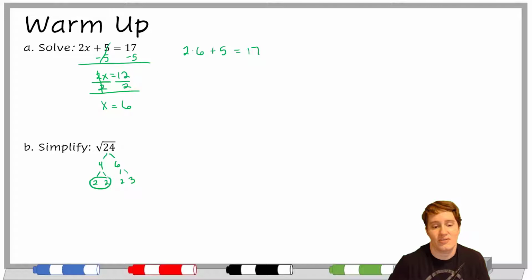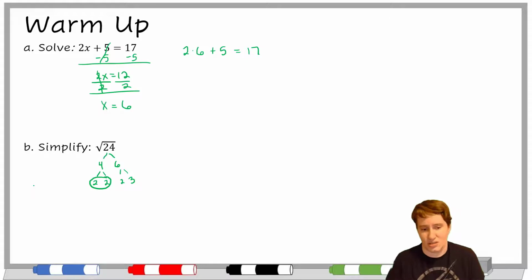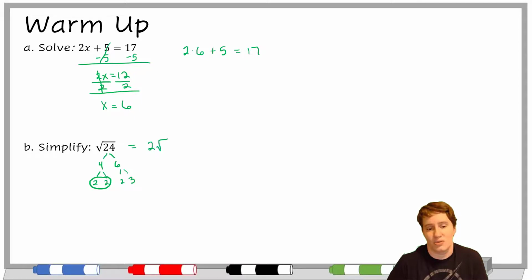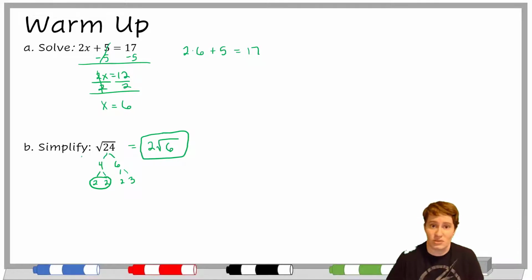Because if I have two 2's here, that would really be a 4, and we can square root 4, which gives us 2. So every pair of numbers we have that are the same number, we write outside of our square root. Once we are done pairing up numbers, the prime numbers that are left over, 2 and 3, go back underneath the square root, and we multiply them together. So 2 times 3 is 6. So the square root of 24 simplified is 2 square root of 6.